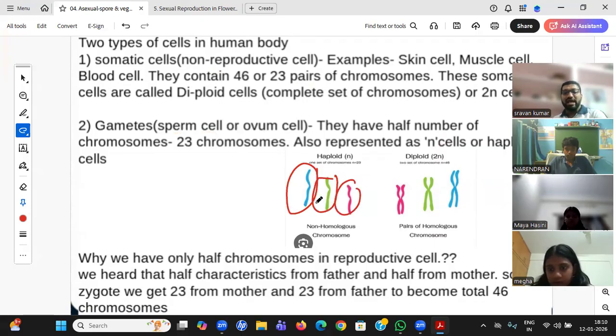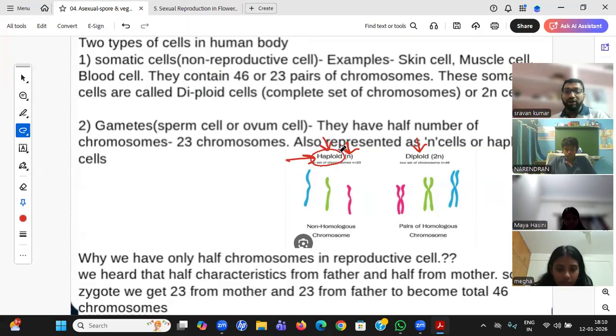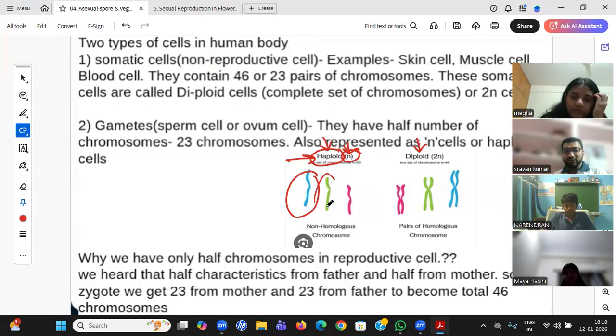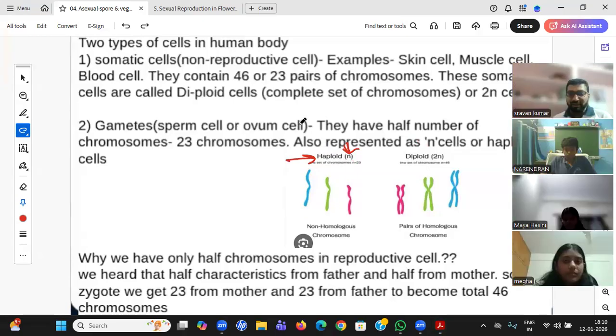They are alone, and we call them haploid. They are only n. Here it is 2n, diploid, and here only n, haploid. Whenever I use the word haploid, or n cell, or sperm cells with 23 chromosomes, this should be your understanding.